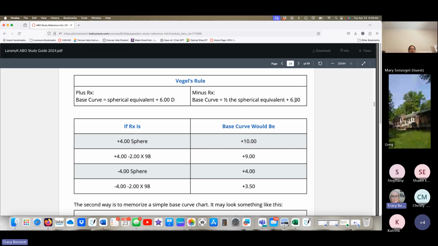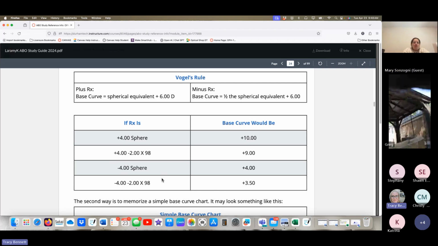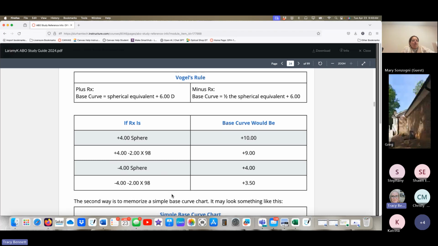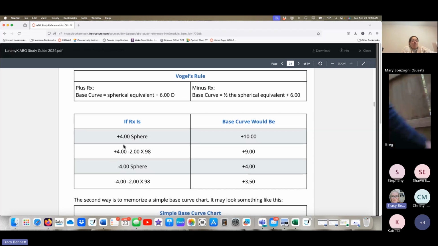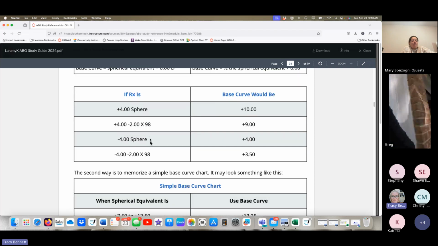And that 6 is a remnant of previous lens technology, especially when they went to corrected curve and things like that back in the day, trying to make lenses better and better for people. So this is just showing you if you do the oblique or the nominal power formula, these are the base curves that you end up with.